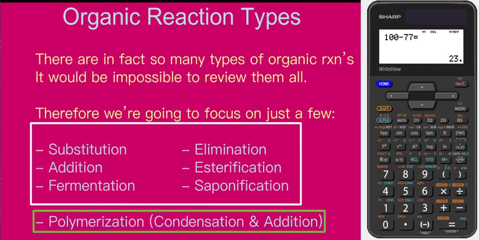What is that one? Combustion. It's where there is oxygen. So what's the product?